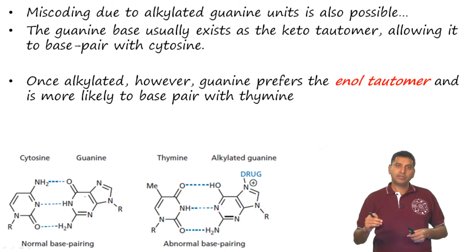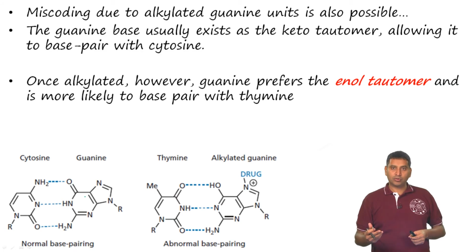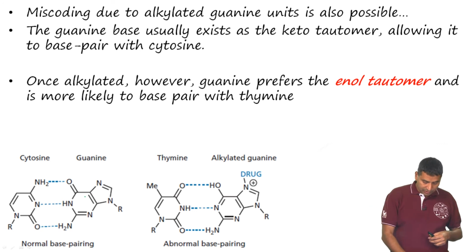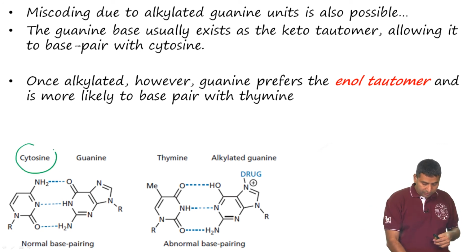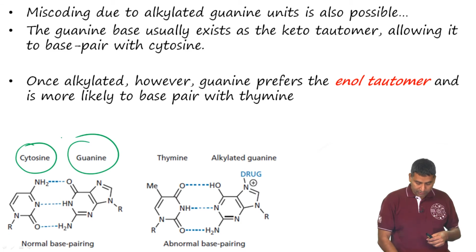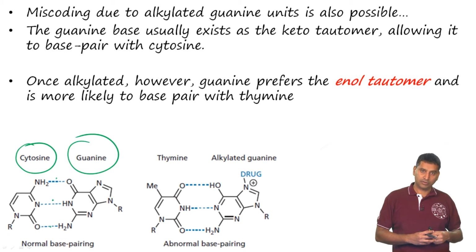The guanine base usually exists as the keto tautomer, allowing it to base pair with cytosine. This we have already looked at previously. So, when cytosine hydrogen bonds with guanine, you have 3 intermolecular hydrogen bonds that can occur.